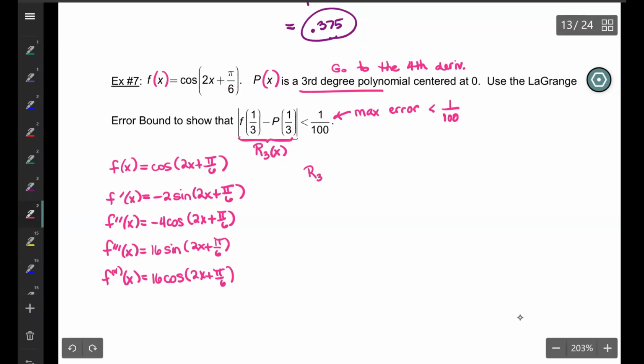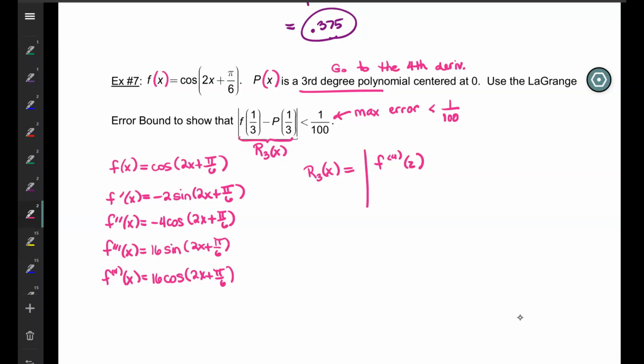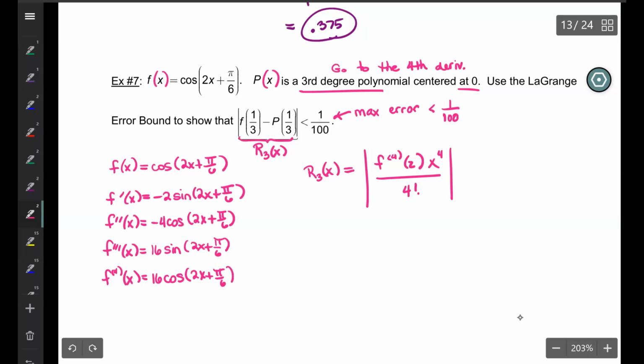So R sub 3 of x, we have the absolute value, so we're going to have the fourth derivative of z, and it's centered at 0, so it's just going to be x to the fourth over 4 factorial. Now, what is my x in this case?